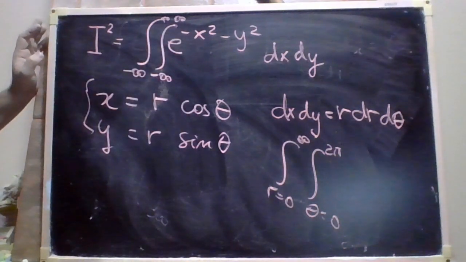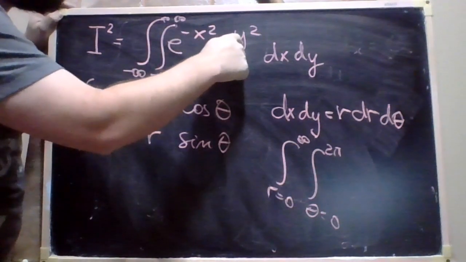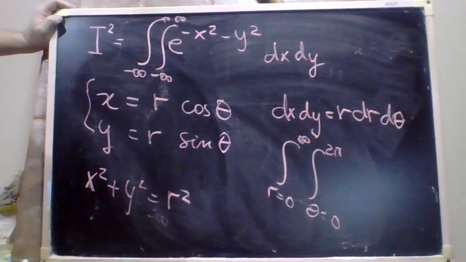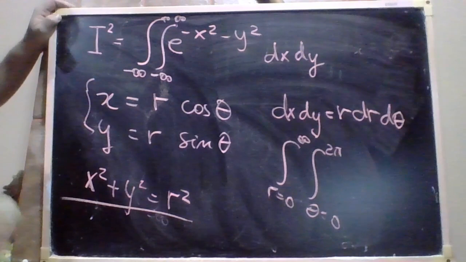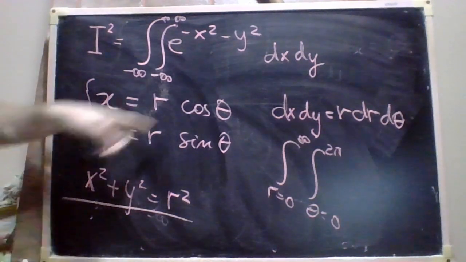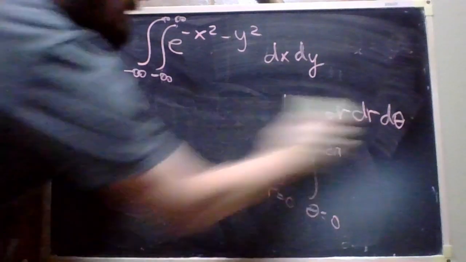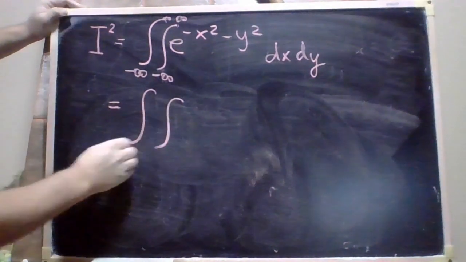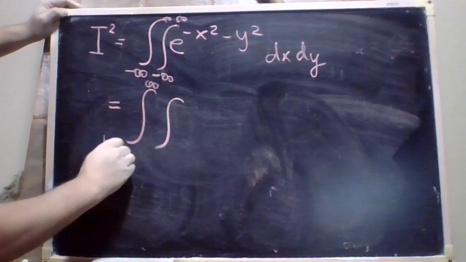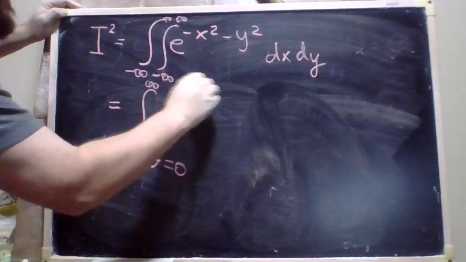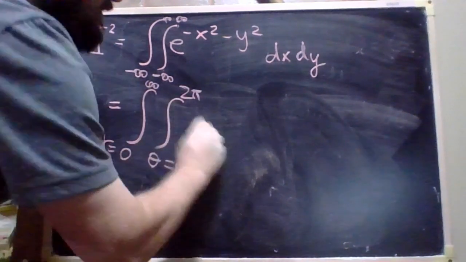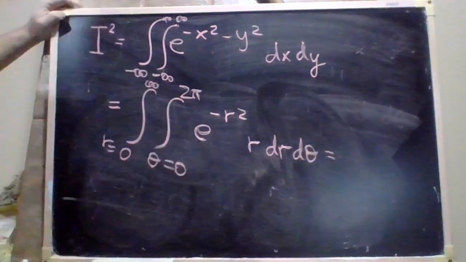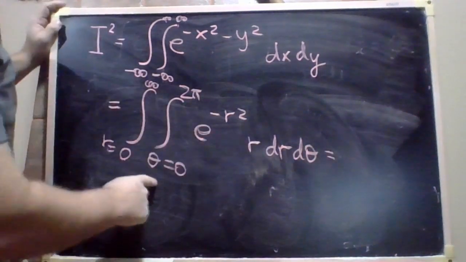It can now be integrated because, if you remember, x squared plus y squared is just r squared. So this integral is converted to a double integral from 0 to infinity in the variable r, from 0 to 2 pi in the variable theta, of e to the minus r squared times r dr d theta. And integrating over theta will give you 2 pi.